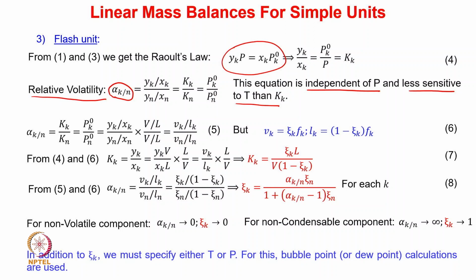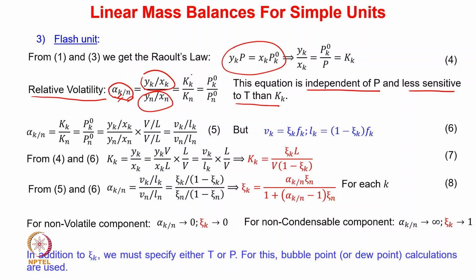Now definition of relative volatility is what? Definition of relative volatility is the mole fraction of kth component in the vapor, divided by mole fraction of kth component in the liquid, divided by mole fraction of key component in vapor, divided by mole fraction of key component in the liquid. So this ratio is nothing but relative volatility of component k with respect to the key component n.